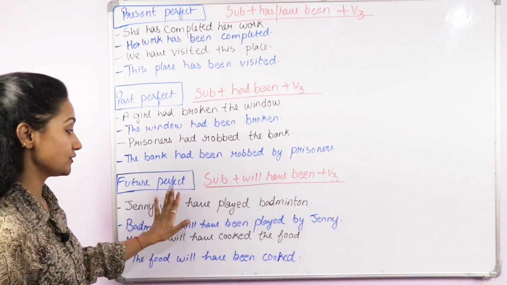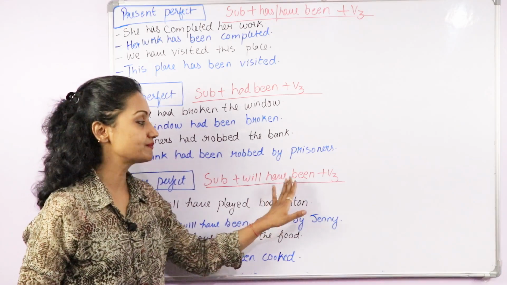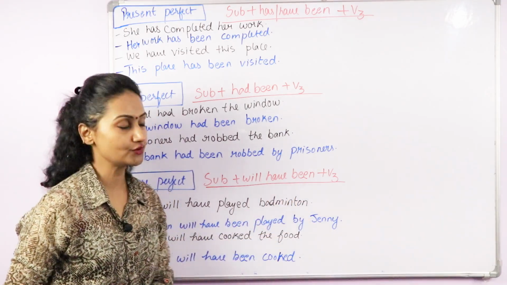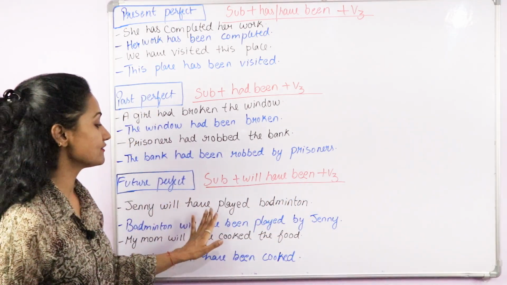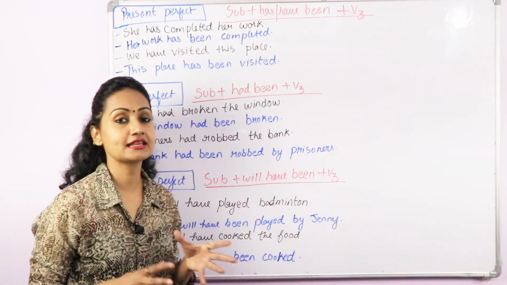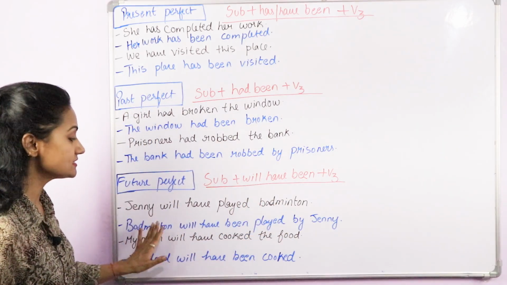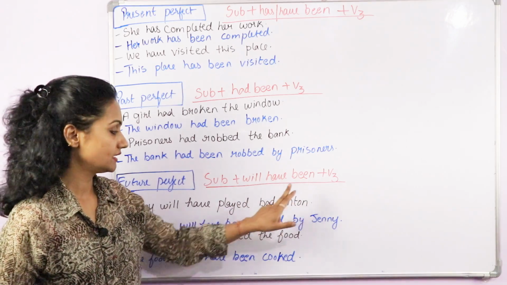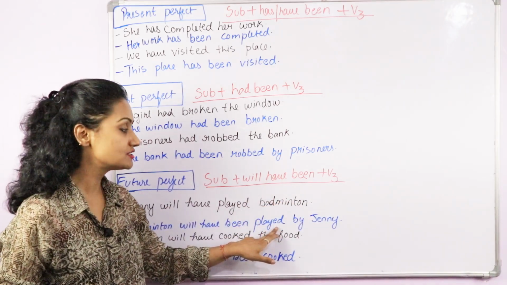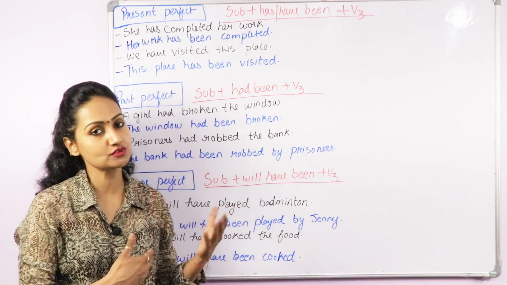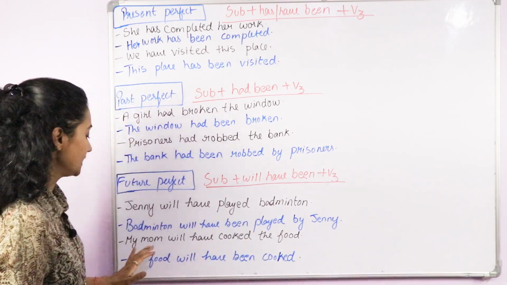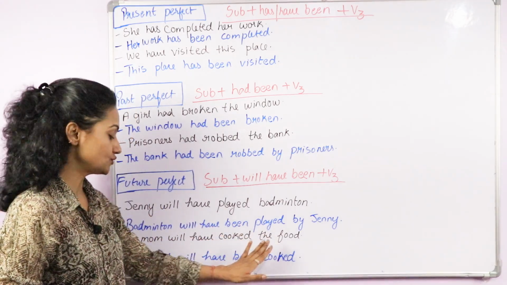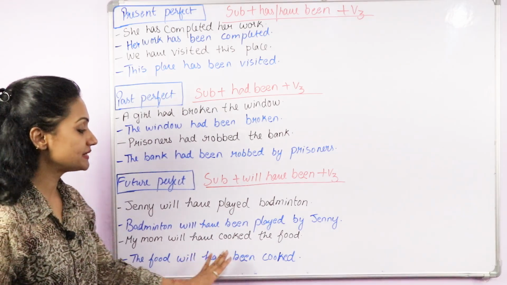Next is future perfect, subject plus will have been plus third form of the verb. Jenny will have played badminton. It's an active sentence. Badminton will have been, third form of the verb, played by Jenny. It's a name, so that's why I have mentioned it. My mom will have cooked the food. The food will have been cooked.